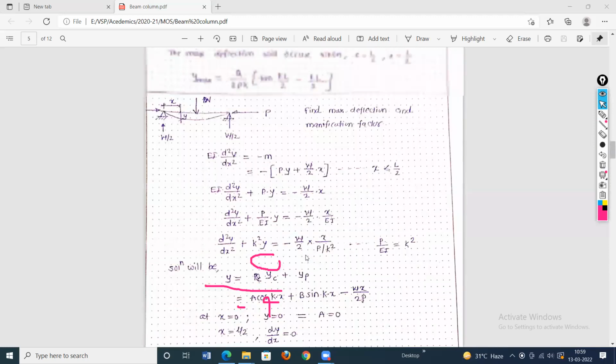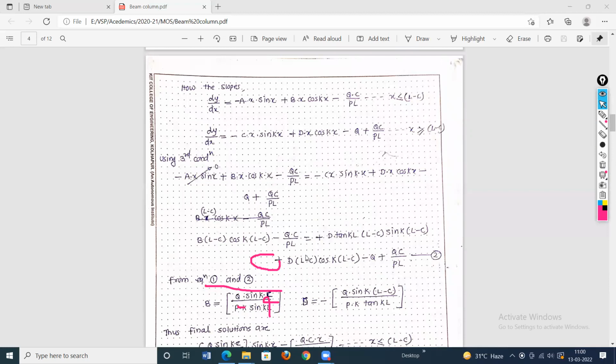In the analysis of beam and column, we are obtaining the equation for deflection Y and the equation for slope, and these two equations we obtain from the moment curvature relationship, EI into d2y by dx square equals minus M. Here you obtain the value for M and substitute it.